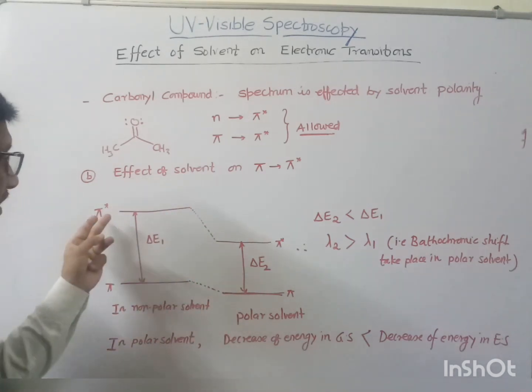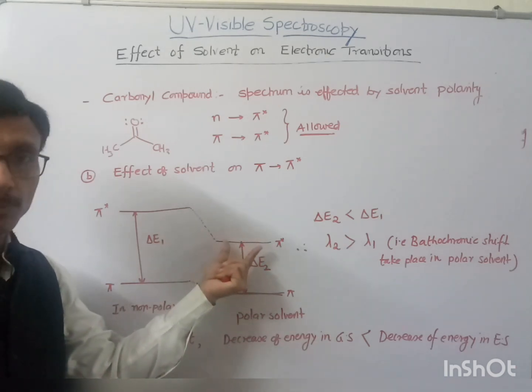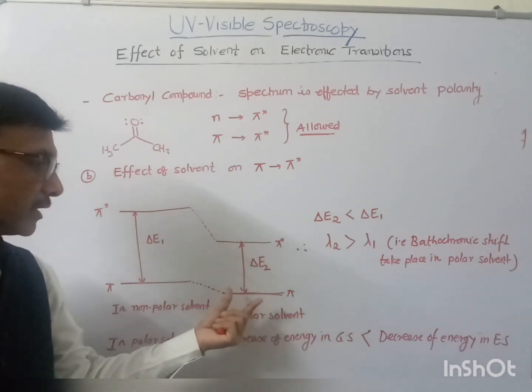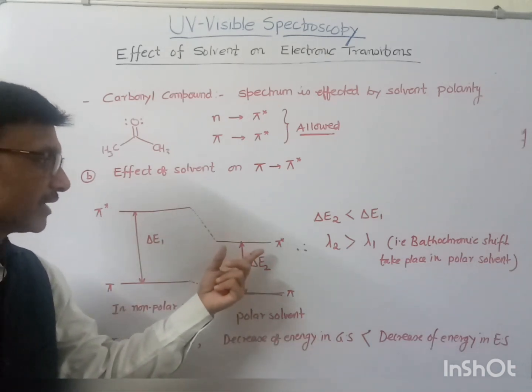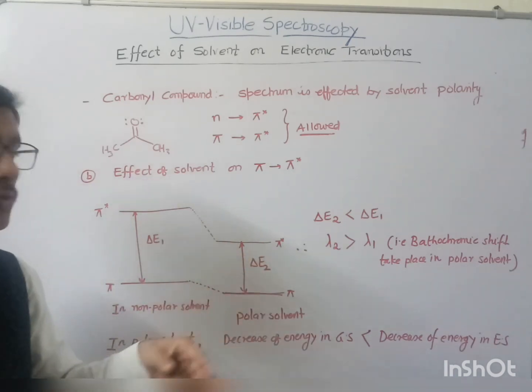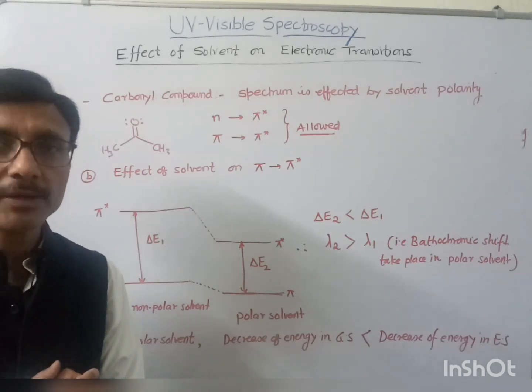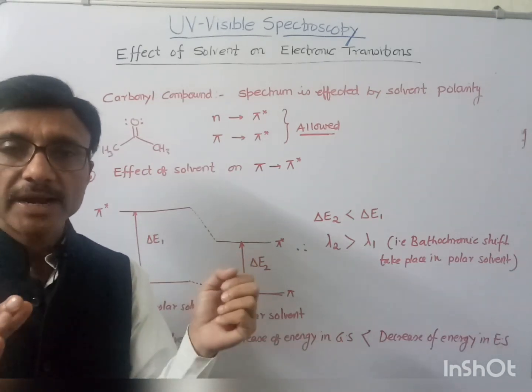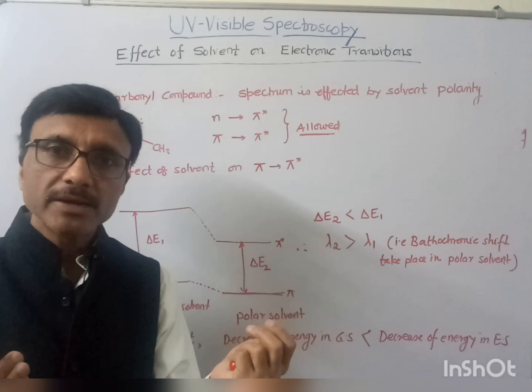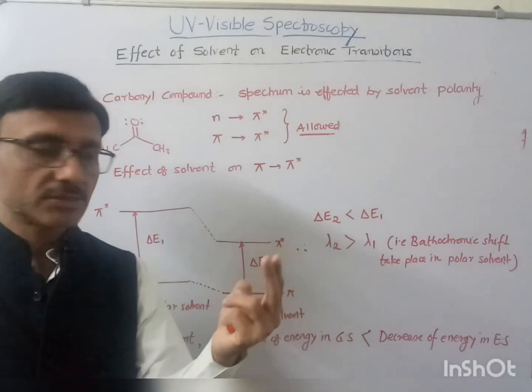Because the excited state is more polar than the ground state. When the electron goes into the anti-bonding molecular orbital, the bond length will increase.